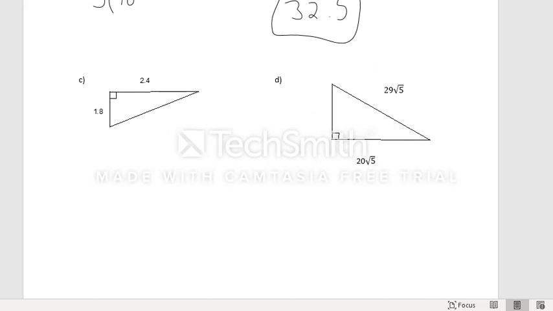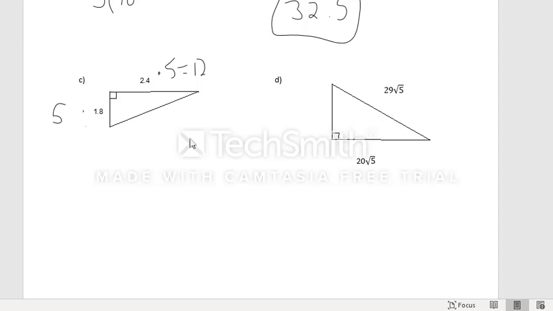All right, next example. 1.8, 2.4. We want to get rid of those decimals, so we will try multiplying by 5. If we multiply this by 5, it gives us 12.